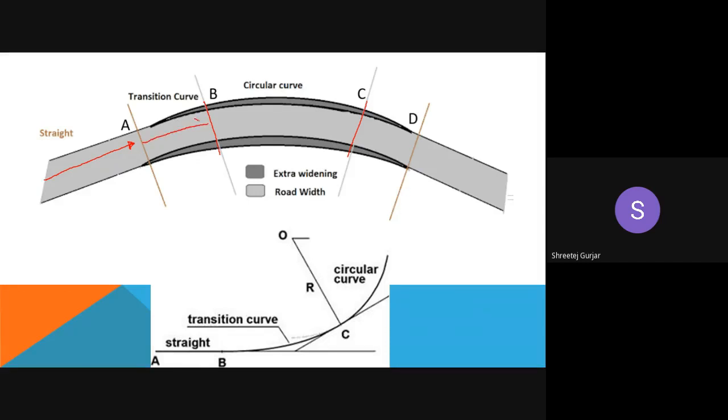This part is the transition curve, and also at the exit we have to provide a transition curve so that we can properly exit from the curve into a straight road. We do not directly provide a circular curve without a transition curve, because at high speed it is dangerous.